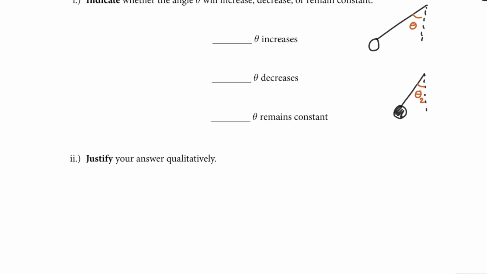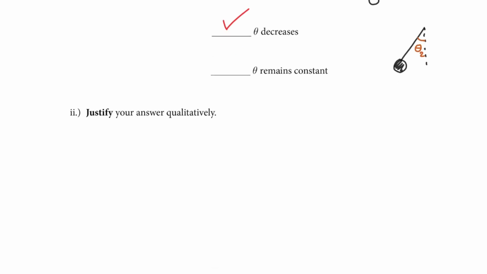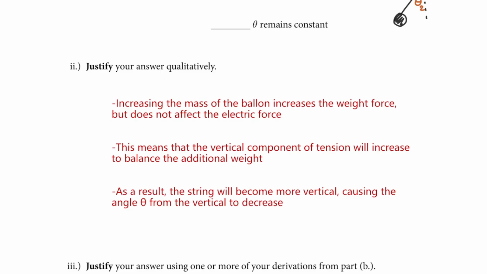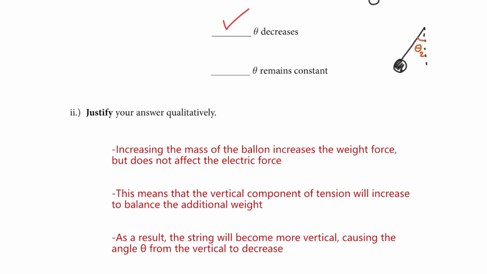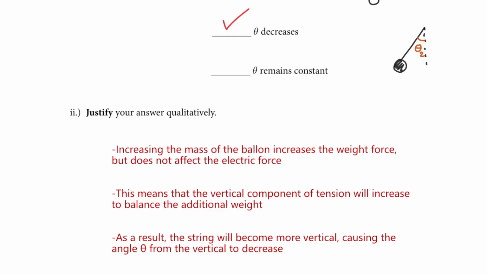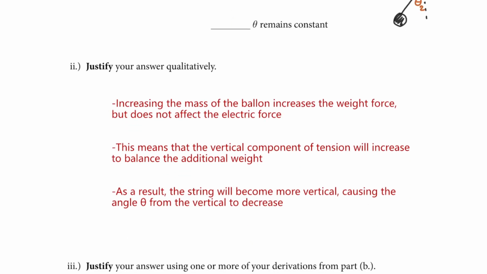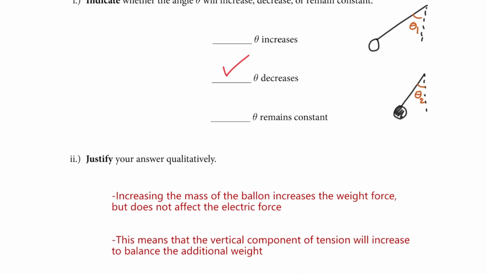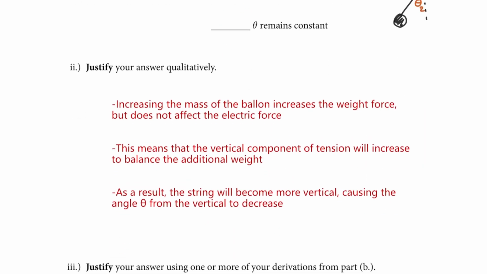So what we'll get in this case is that theta is going to decrease because your string is going to go towards the vertical. Increasing the mass of the balloon increases weight, but not the electric force. So you're just going to have to increase your vertical component of tension, which means your string needs to be angled more vertically than before. So the angle from the vertical will therefore decrease.